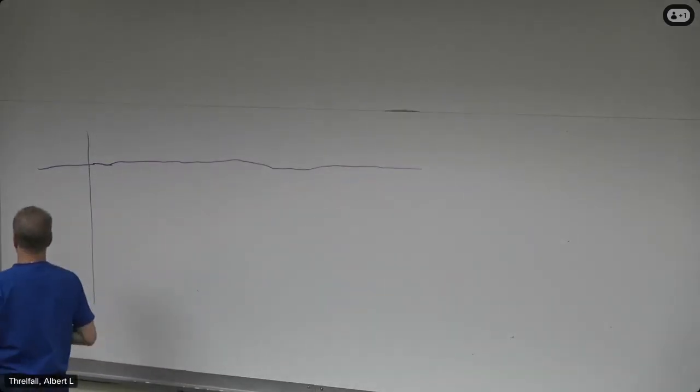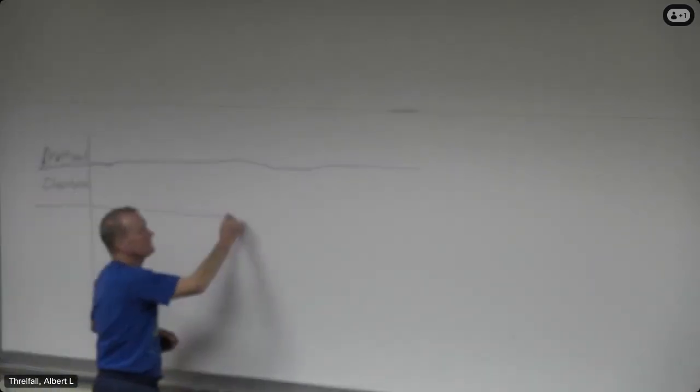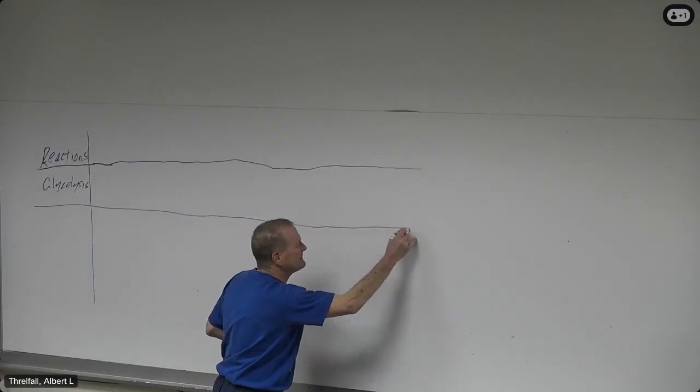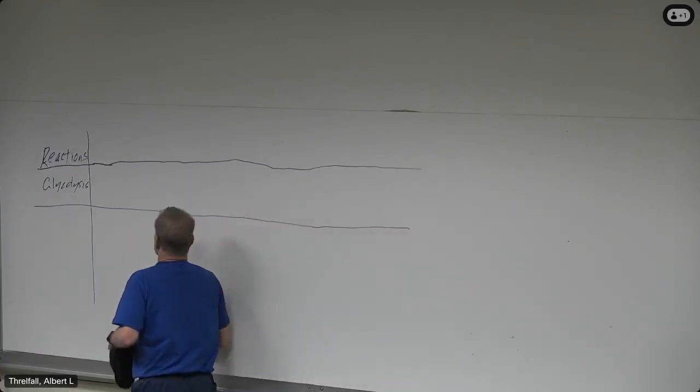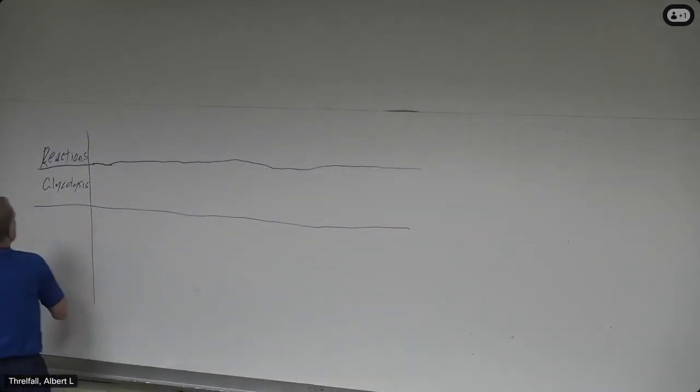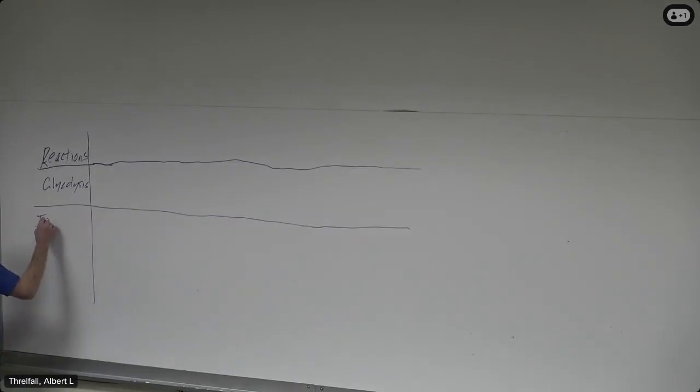Our first column, we have the reactions: glycolysis, the transition reaction.